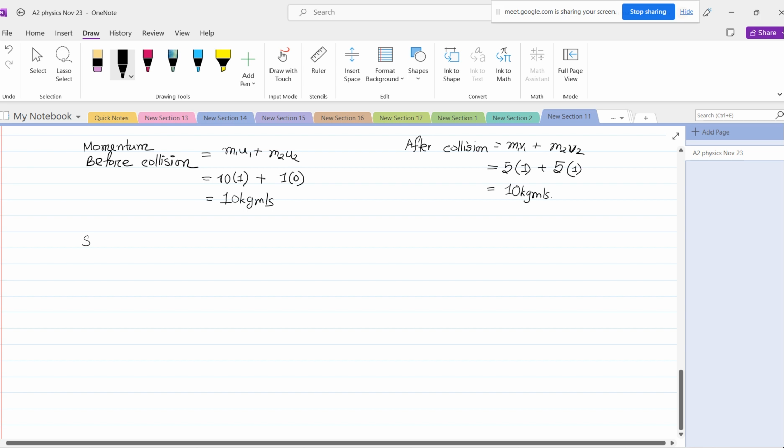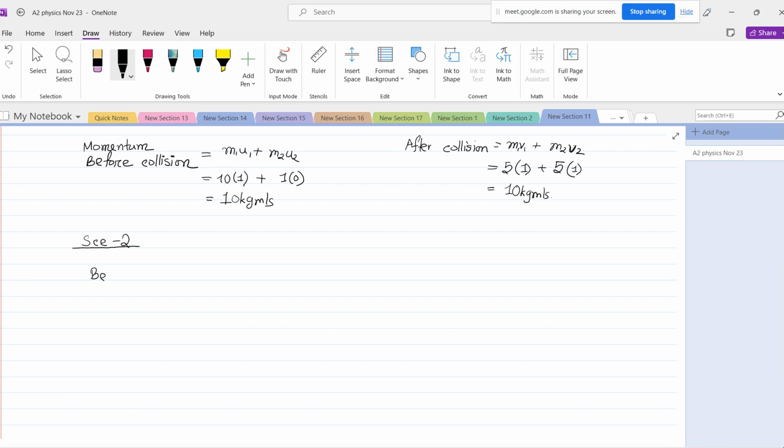For scenario 2, there will be again before collision and after collision.